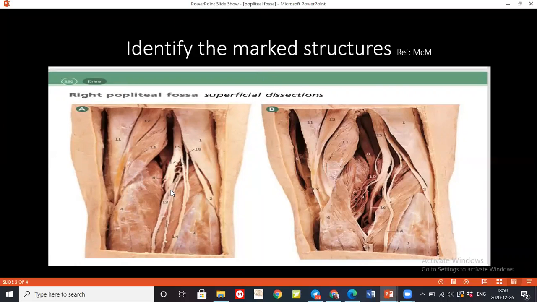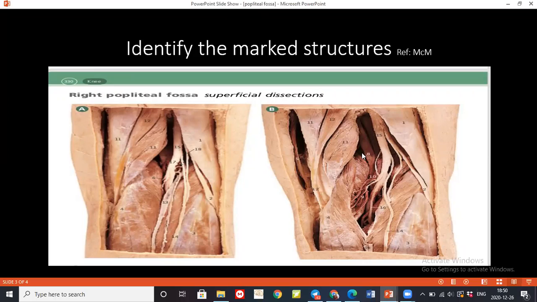Number 2 please. Common peroneal nerve. 1 please. Biceps femoris. 13. Short saphenous vein. 14. No idea.